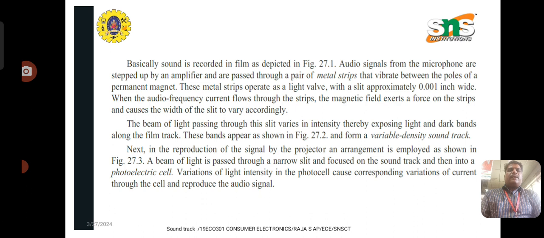Next, in the reproduction of the signal by the projector, an arrangement is employed as shown in the figure. A beam of light is passed through a narrow slit and focused on the soundtrack and then into a photoelectric cell. Variations of light intensity in the photocell cause corresponding variations of current through the cell and reproduce the audio signal.